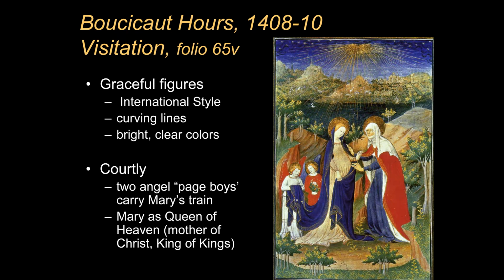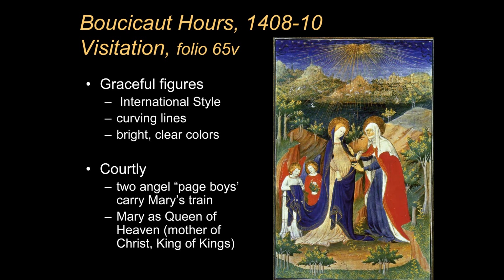Even though it's a landscape, this is a very courtly presentation, because you might notice that there are 2 little angels who are acting as page boys. They're carrying Mary's train. Now, Mary was the wife of a carpenter. Probably historically, she didn't have a lot of little page boys running around to do her bidding.